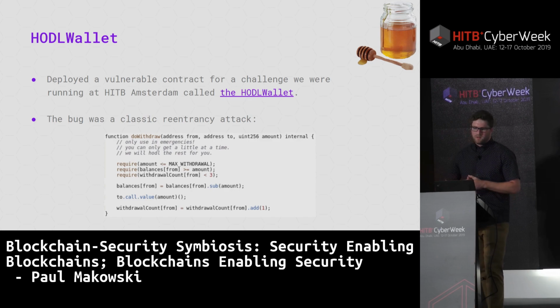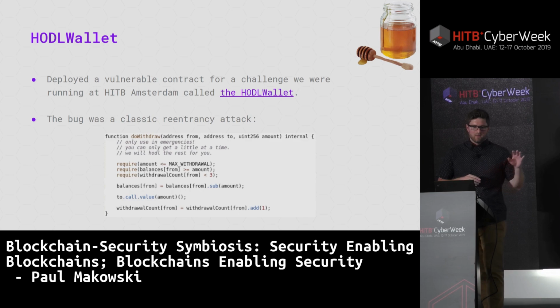In sum, while this does look vulnerable to the same sort of reentrancy attack that we saw before, where the withdrawal count is updated after the .call.value, it actually wasn't exploitable because of the require balances from line. So basically nobody had an initial balance aside from my coworker.